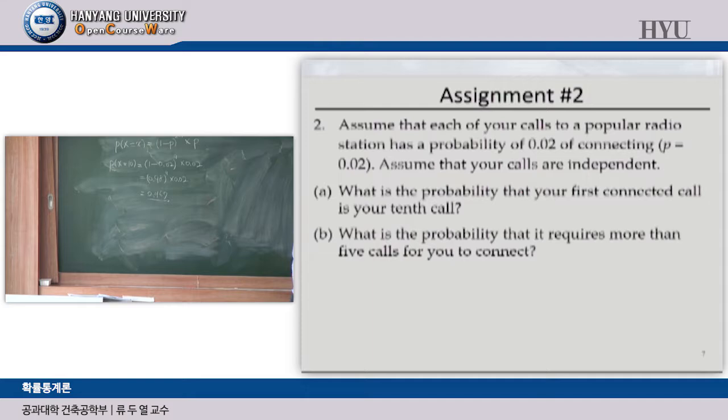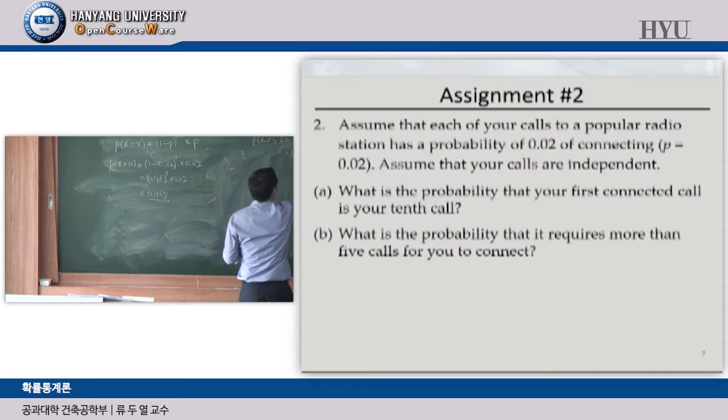And what is the probability that it requires more than 5 calls for you to connect? We have to calculate the probability of x when x is larger than 5, right? So this can be 1 minus the probability of x when x is smaller than or equal to 4.